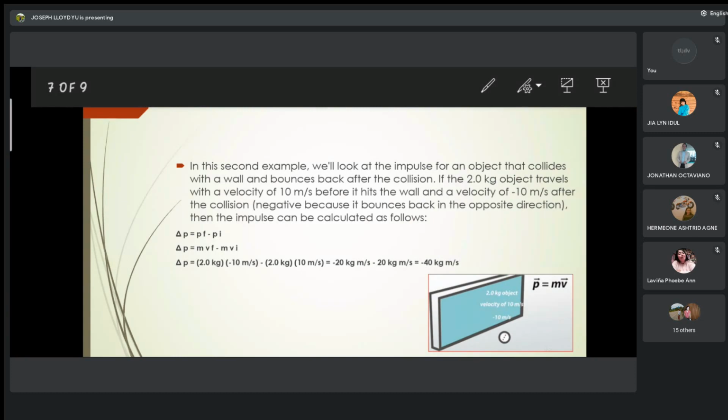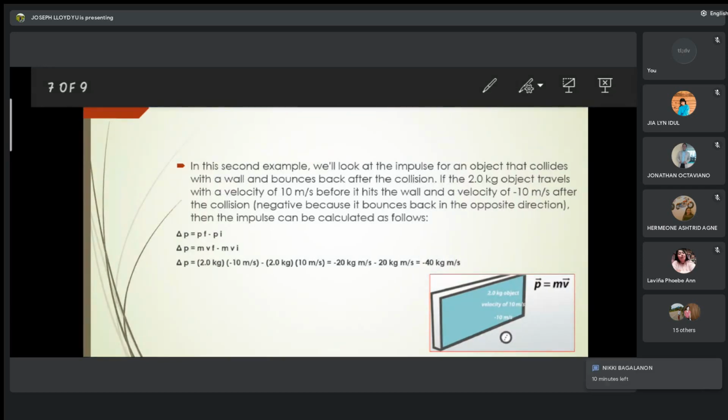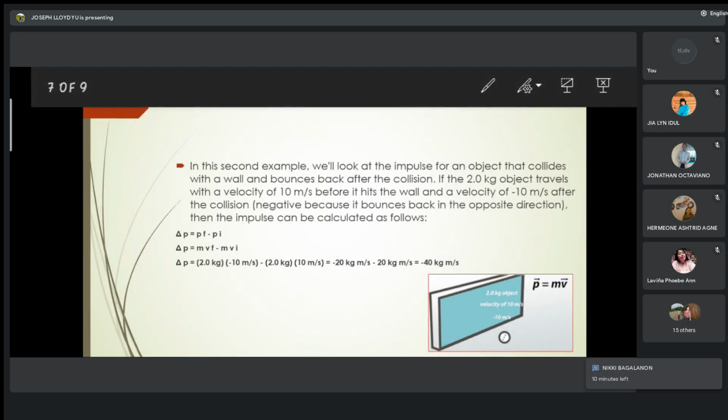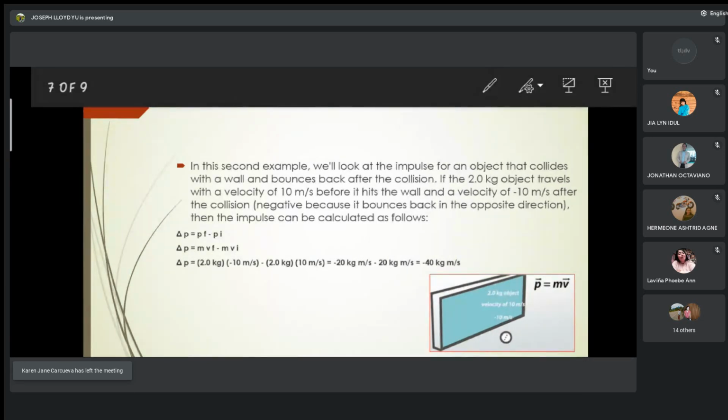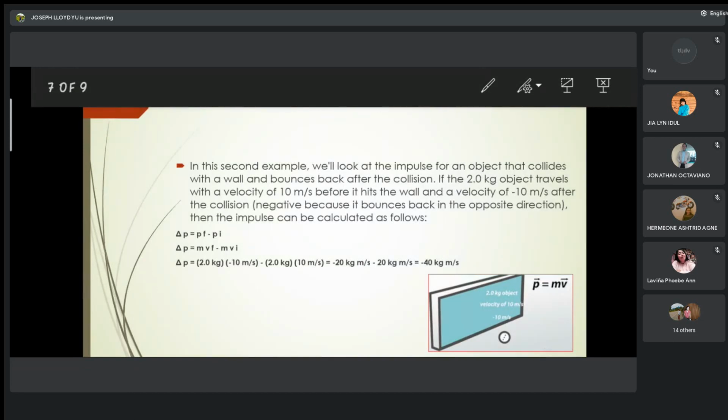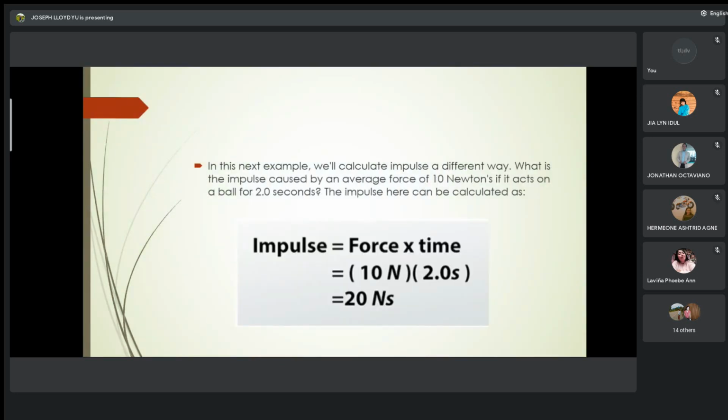So if you say the formula, if the PF minus PI, final minus initial, or MV final minus MV initial, it will be 2 kilograms times negative 10 meters per second minus 2 kilograms times 10 meters per second, which equals negative 20 kilograms meters per second minus 20 kilograms meters per second, which equals negative 40 kilograms meters per second.